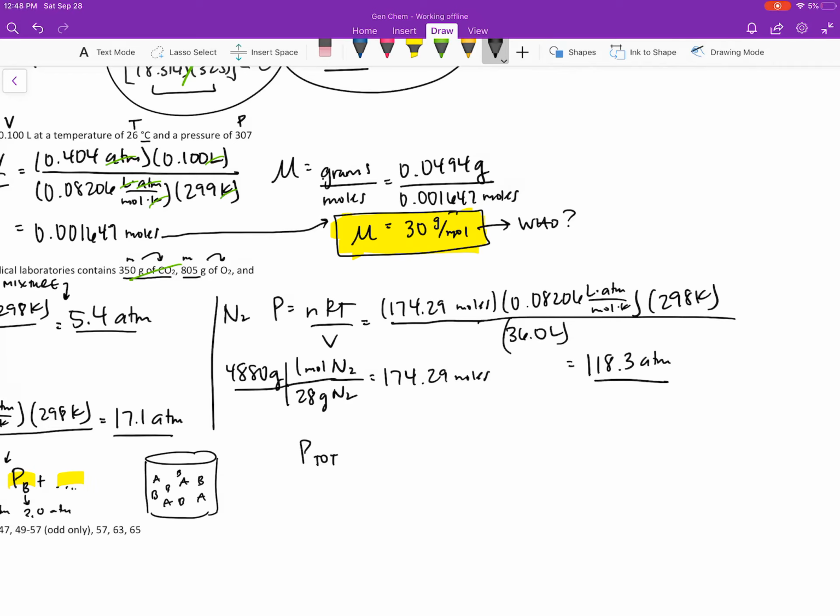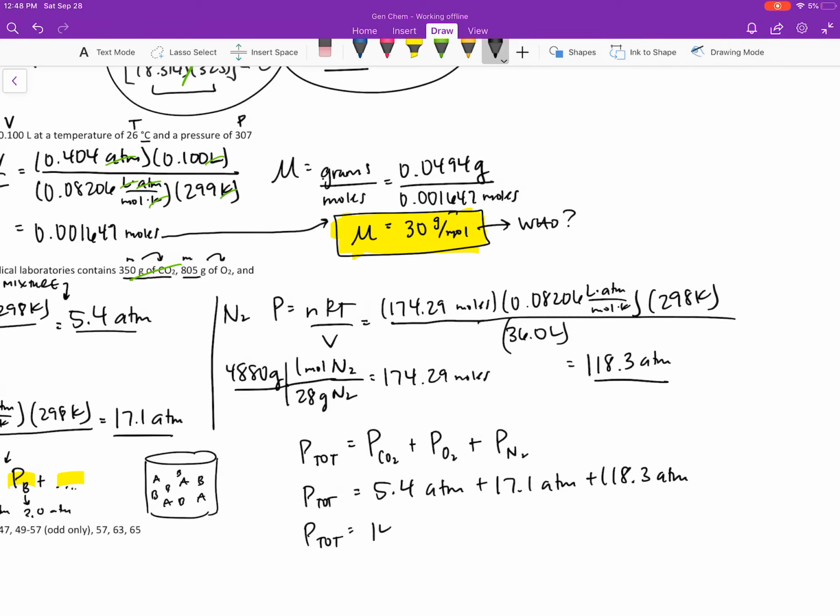So now, Dalton's partial pressure, the final step is that if there are three components with three pressures, which there are, then I need to take their individual pressures and total them together. So now that I've solved for them all, I can determine the total pressure. P total is 140.8 atm.